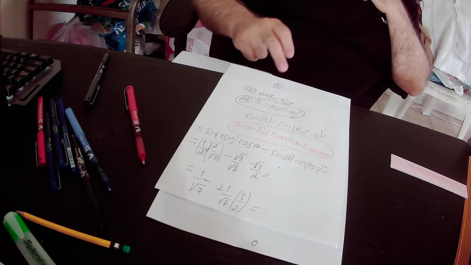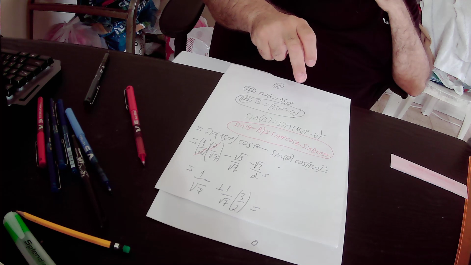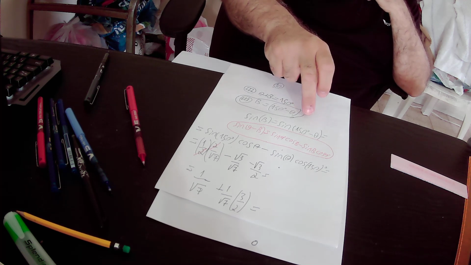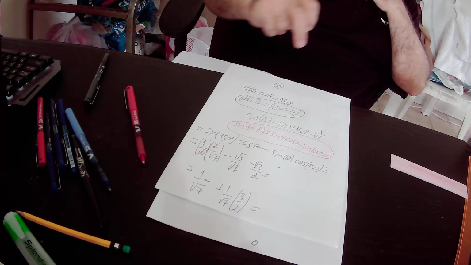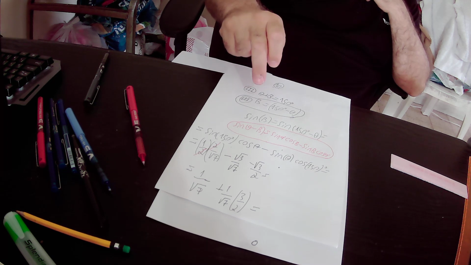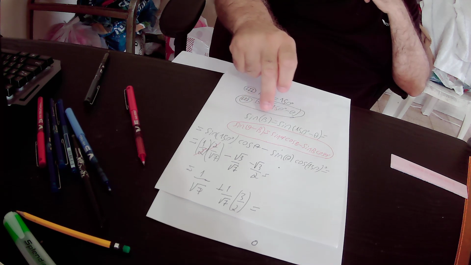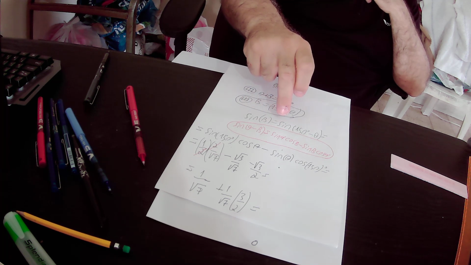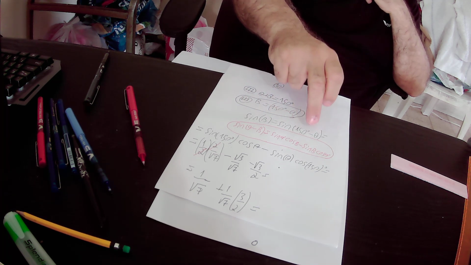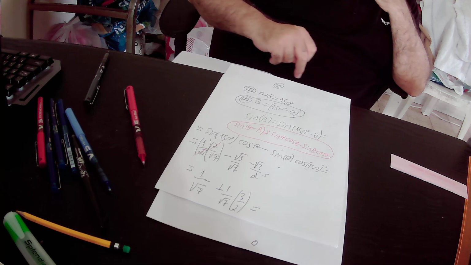And in order to find out the value of sine of 150 degrees minus theta, we use the second trigonometric identity that states that sine of alpha minus beta equals sine alpha cosine beta minus sine beta cosine alpha.